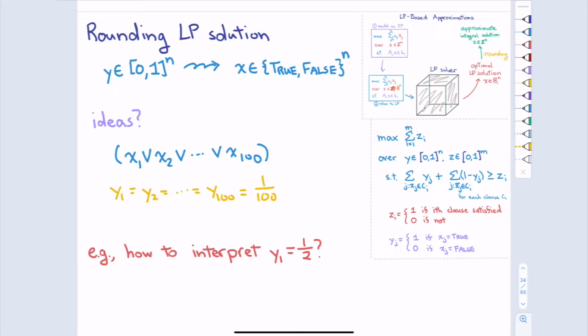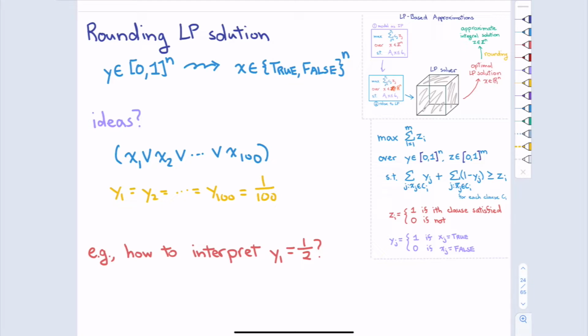One thing very important going on in randomized algorithms and randomization in general is it gives us a real way to interpret fractional values in a discrete world. Statements like half true, half false make sense if we mean half the time is true, half the time is false. So that's what we're actually going to analyze.